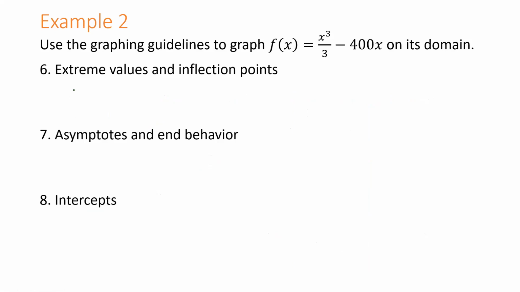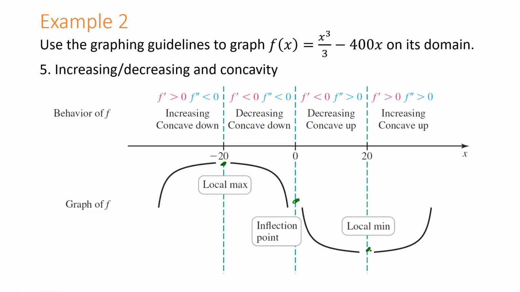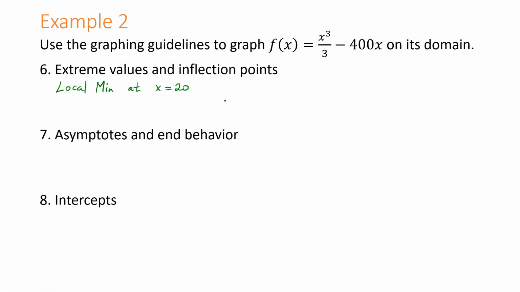Just based on that information, we saw that we have a local min at x equals 20. We showed that, right? So let's go back here. There was our local min. So let's find f of 20 to actually get the value on our graph there. This is going to be a useful point that we can graph when we're putting the pieces together.